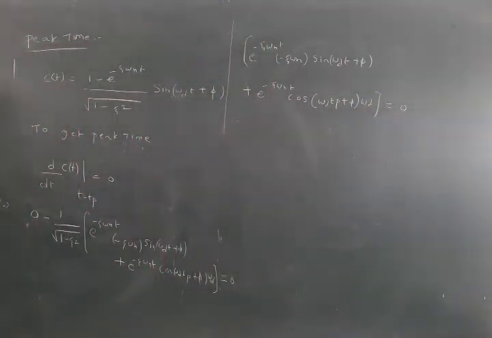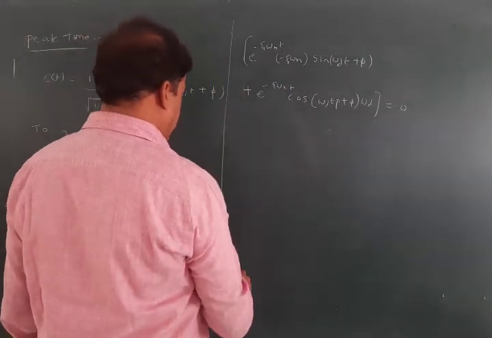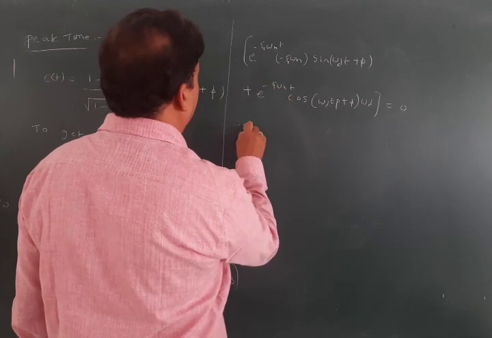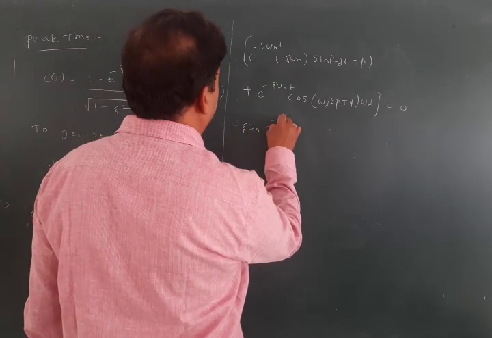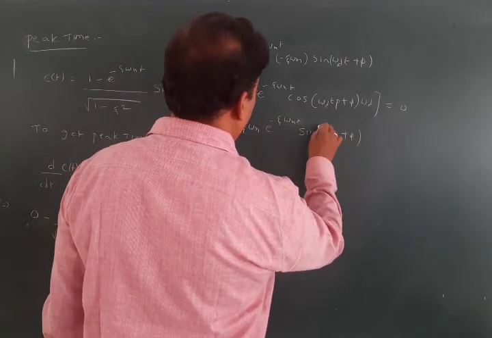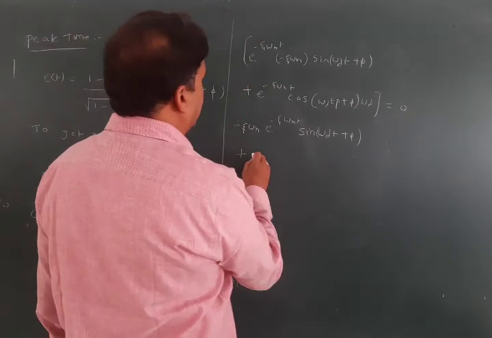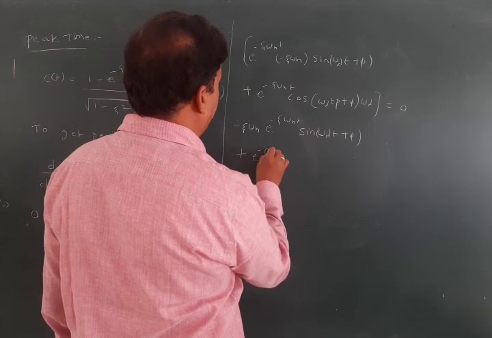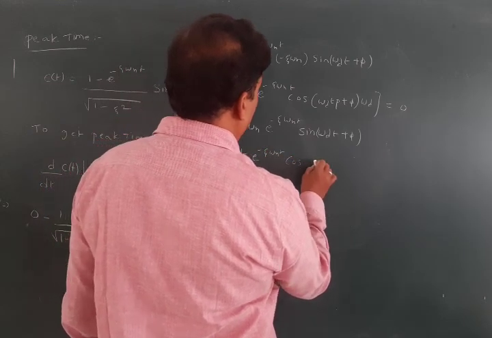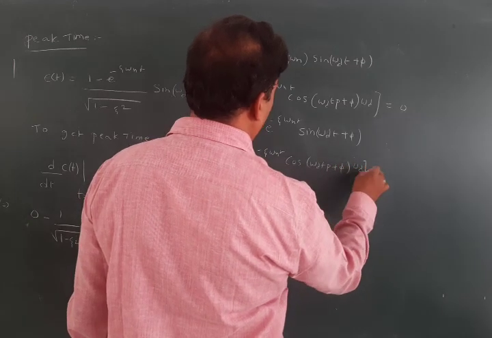Now getting that equation, what we get here is minus zeta omega_n into e^(-zeta omega_n t) into sin(omega_d t + phi) plus e^(-zeta omega_n t) into cos(omega_d Tp + phi) into omega_d is equal to 0.